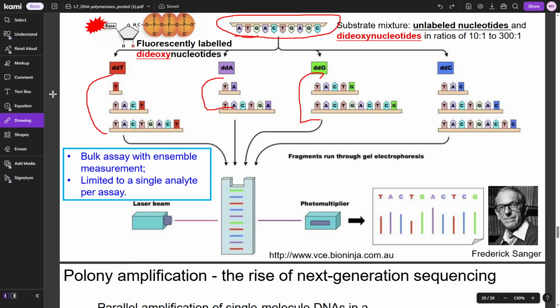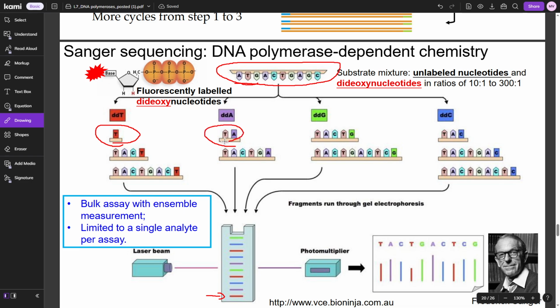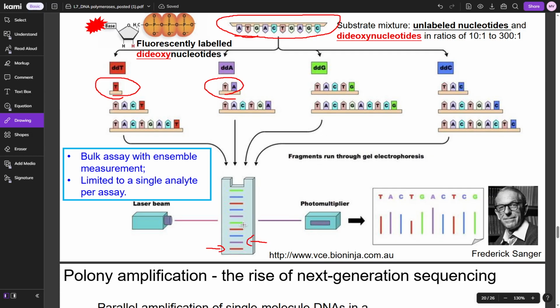So if we look at this, you can see that this is the shortest fragment. It's 1 DDNTP. It's going to be here, and it's going to shine red. Cool. The second one is this one here. It's going to shine purple because A is the second base. Purple. Blue is next because it's 3. Red because it's 4. Green.